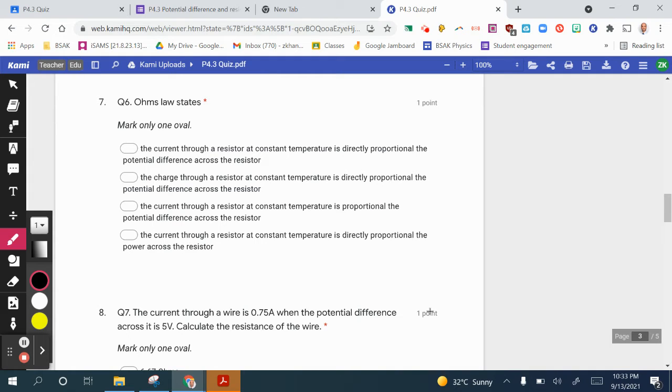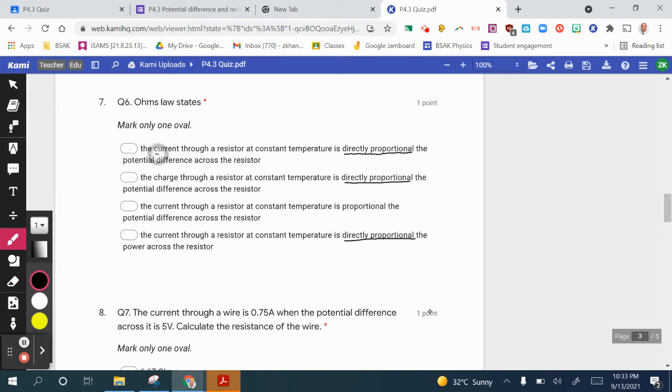Let's have a look at the others: the charge through the resistor at a constant temperature is directly proportional to potential difference, or the current through a resistor at constant temperature is proportional to the potential difference across the resistor. As you notice, we've got the words proportional and directly proportional. We're looking for the word directly proportional. So that's in these 3 statements.